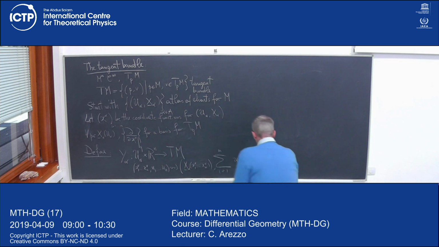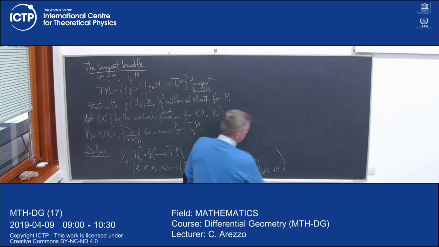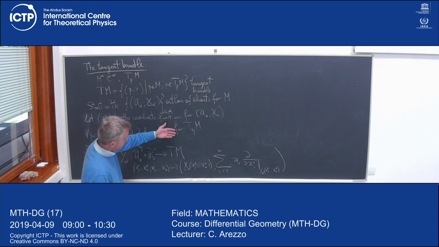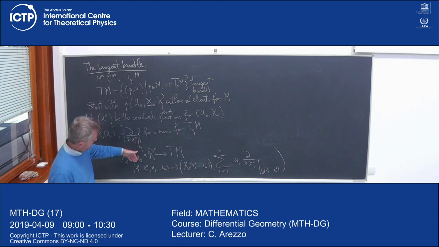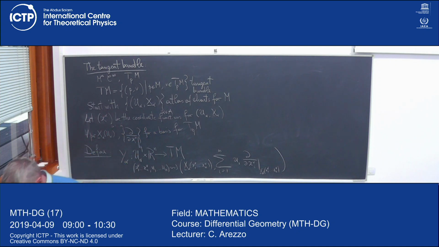Okay, so this is fine because up to now this is just a set. The only thing I need to check is that this map goes from this place to this place, and this is for sure true by construction.